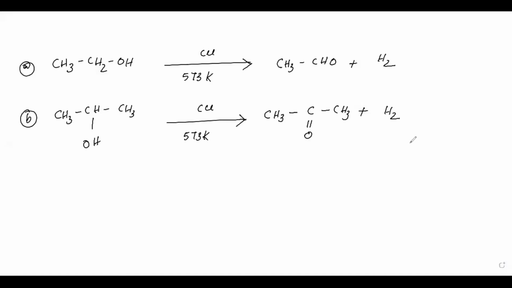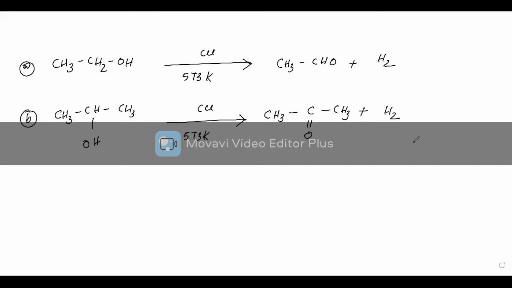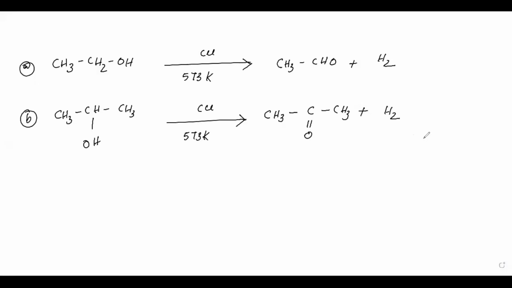And this process is also known as catalytic dehydrogenation. Okay, catalytic dehydrogenation. So if you are preparing for NEET, JEE, AIIMS, something like that, please note down the names of the reactions also.